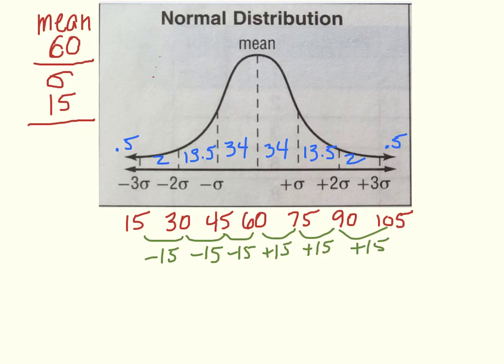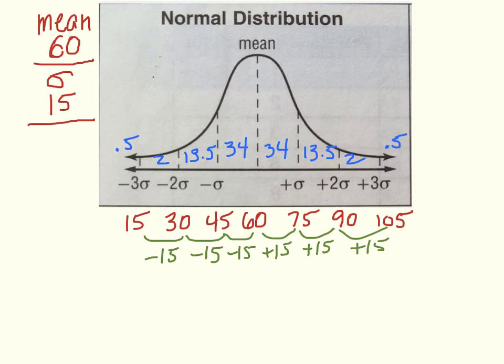So, how much of the data is above a 90? 2.5%. What percent of the data is above 75? 16% of the data. And of course, 50% of the data would be a 60 or above. And you can skew it off to the right a little bit.